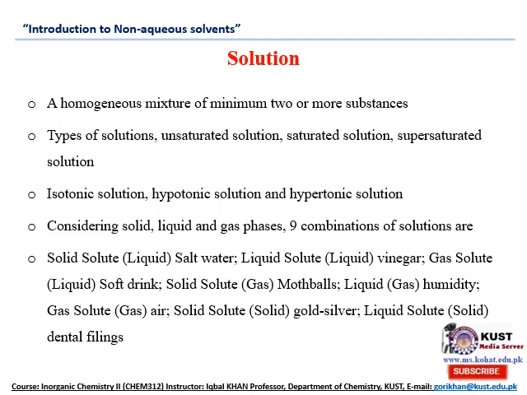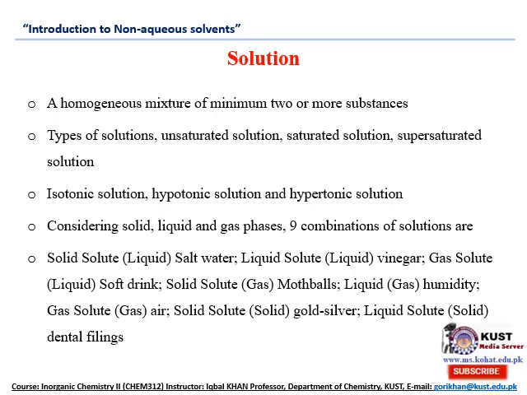Then liquid solute in liquid, an example of which is vinegar, while a soft drink is an example of gas dissolved in liquid. Then we see the behavior of solid solute in gas. Mothballs are an example of that, while humidity is an example of liquid in gas, and finally a gas acting as a solute in another gas.